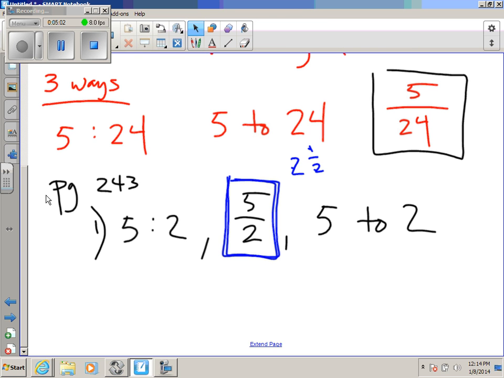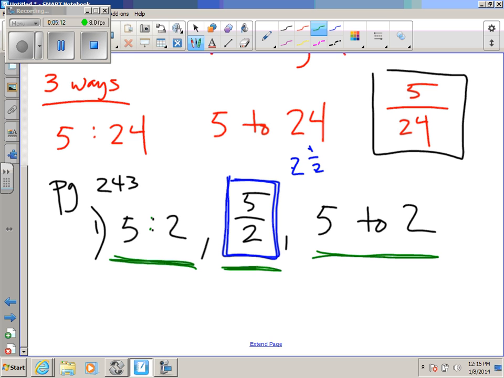The order. Let's talk about the order in which you decide you're going to write them. Like, I'm going to put the colon first, the fraction second, and the word to last. Does that order matter? No. But the order of the digits themselves, is 5:2 the same as 2:5?